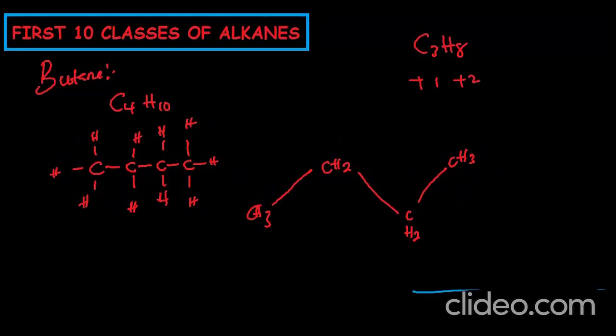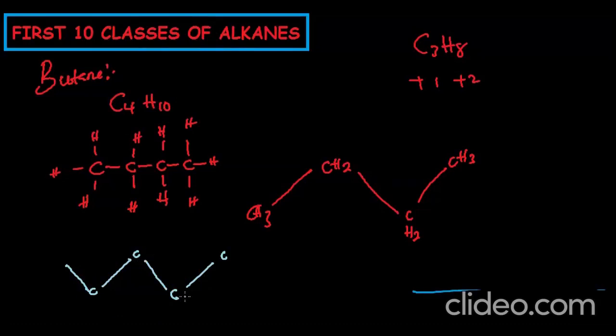You can choose to draw the structural formula differently also. If this is 1 carbon, carbon, carbon, and carbon. Remember, we have 4 carbons. This is C4H10, 1, 2, 3, 4. Next thing we need to do is to connect the numbers of hydrogen. And remember, the number of hydrogen in this case is 10.